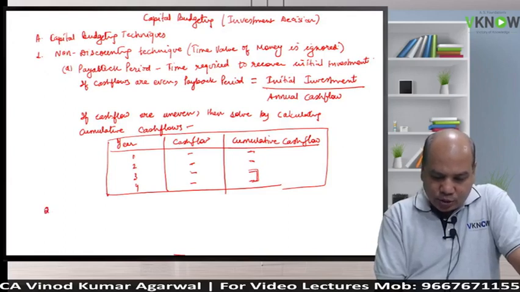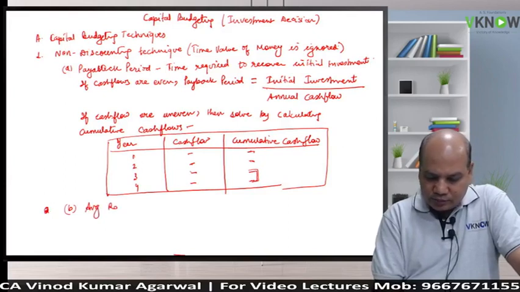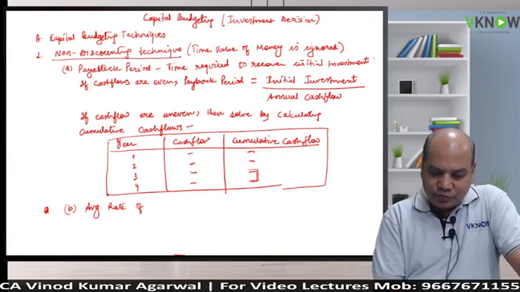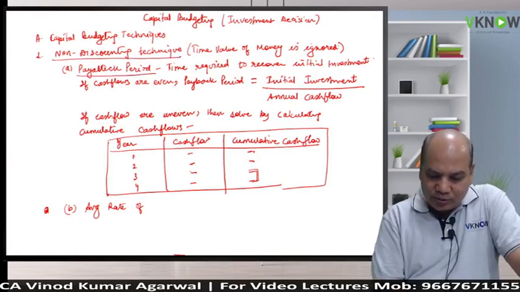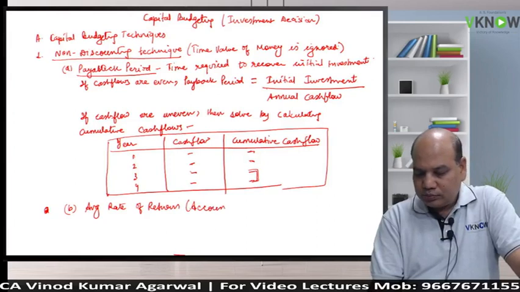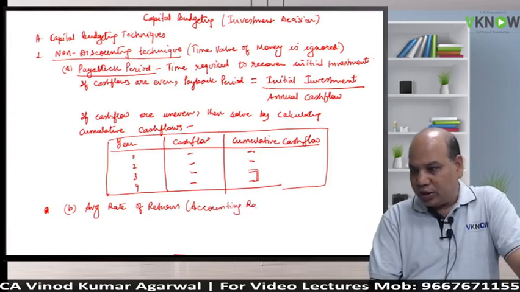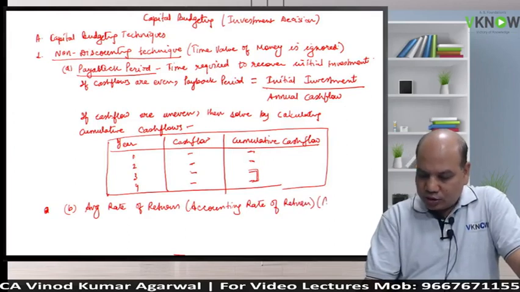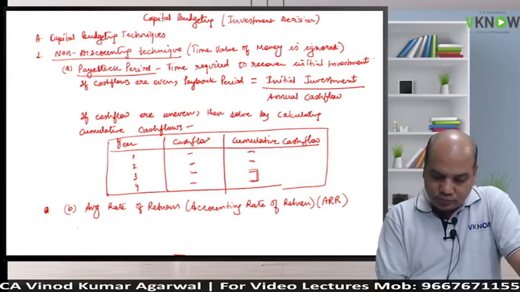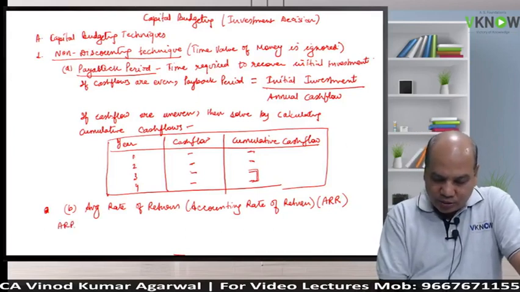Second, point number B, write down average rate of return. So right now you underline non-discounting technique. Under that we have payback period, average rate of return, also called accounting rate of return, or in short we will write ARR. And how do you compute ARR?